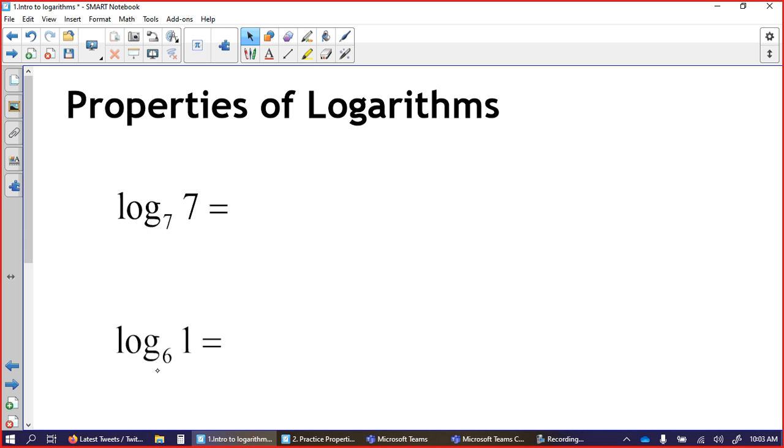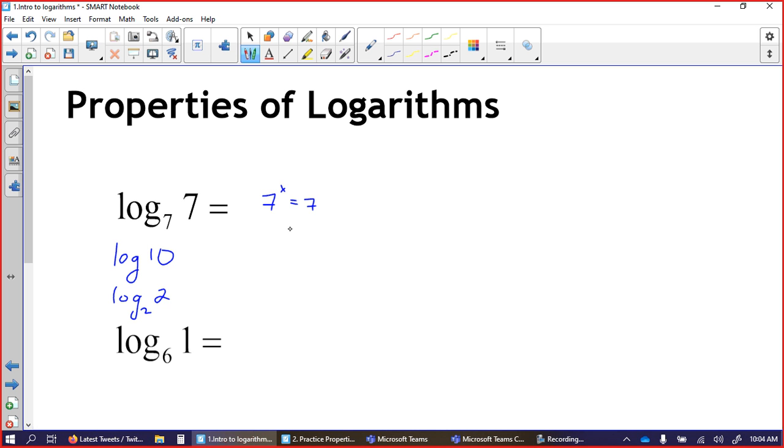Then there's another page looking at just quickly the graphs. Log base 7 of 7, log of 10, log base 2 of 2, any of these, because I can rewrite this as 7 to what power equals 7.